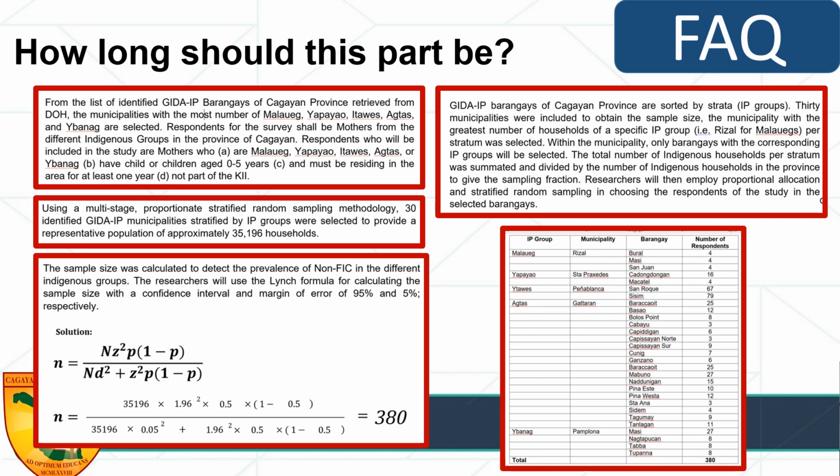So how long should this part be? The slides before this are only a part of one study. All those paragraphs are in just one sampling design. That means you could have as many paragraphs as you need for the sampling design, and you need to be very specific on your sampling.